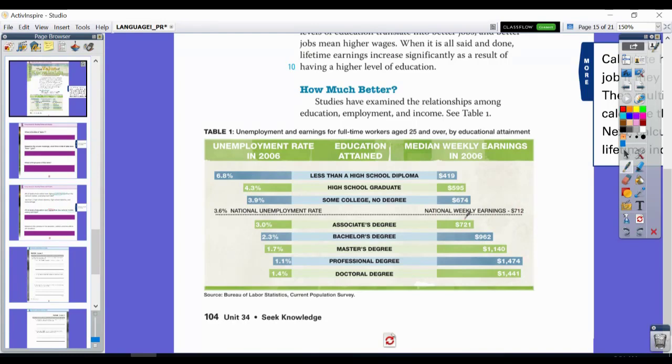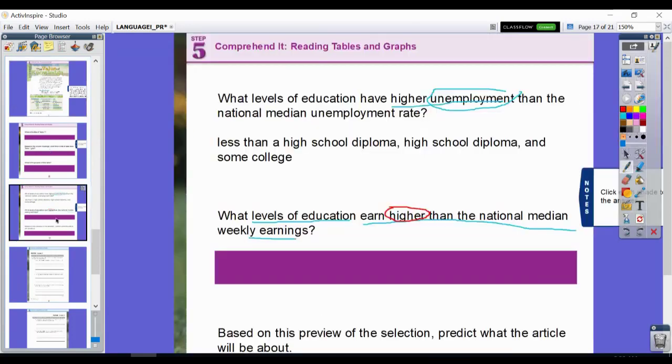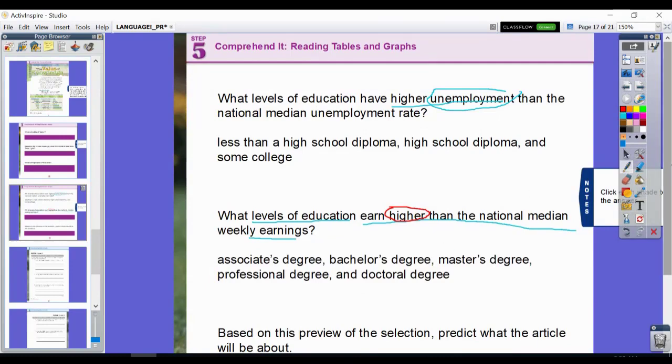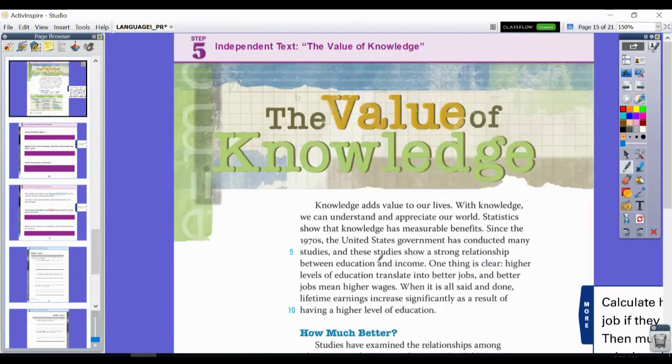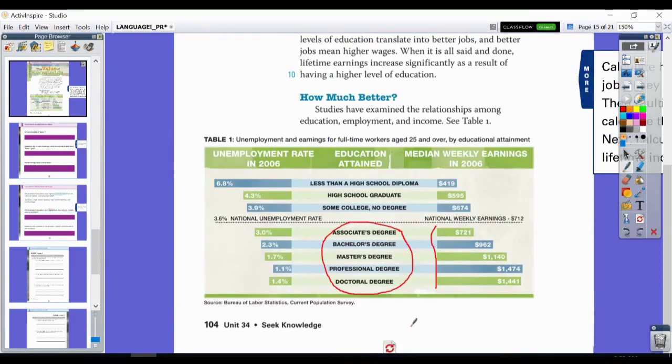So we are looking for levels of education that are higher than 712. And here they are, 721, 962, and so on. These are the levels that earn more than the national weekly earning. And you see associate's degree, bachelor's degree, master's, professional, and doctorate. Those earn higher.